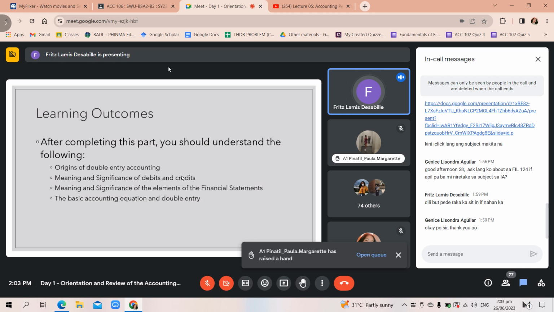Now, this topic, guys, especially the basic accounting equation, I've noticed a lot of students neglect the theory of the accounting equation. When you are dealing with transactions in financial accounting and reporting, it's very good that you master the accounting equation.